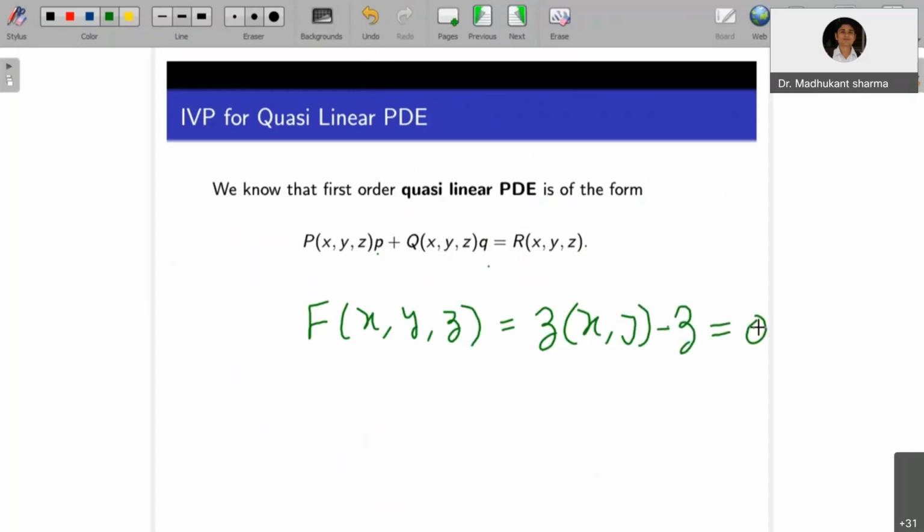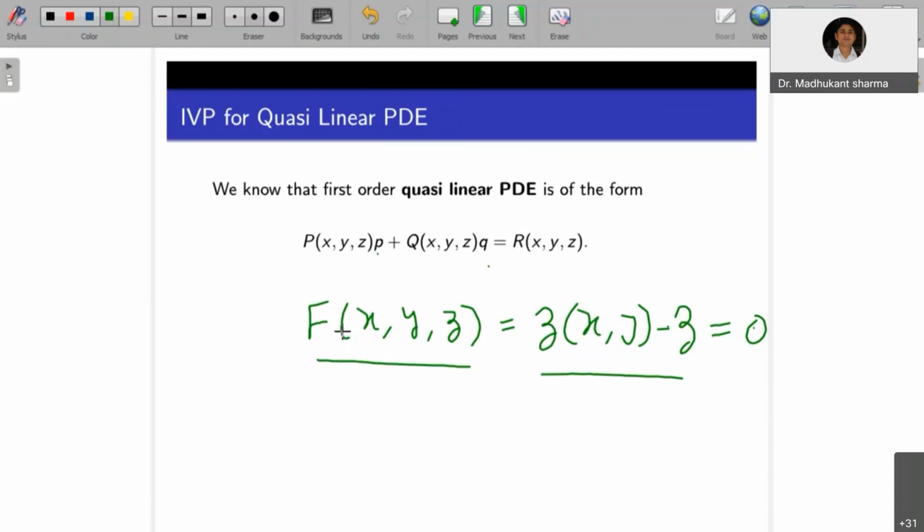This is the equation of the integral surface. If you are able to solve this equation, the solution will be, this is an implicit form, this is an explicit form.